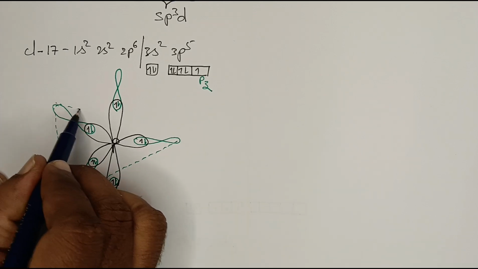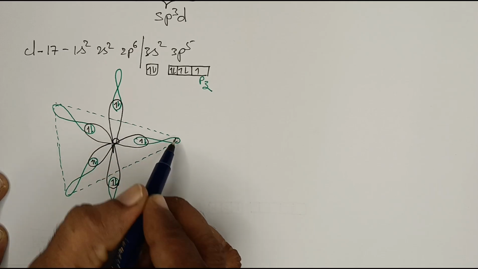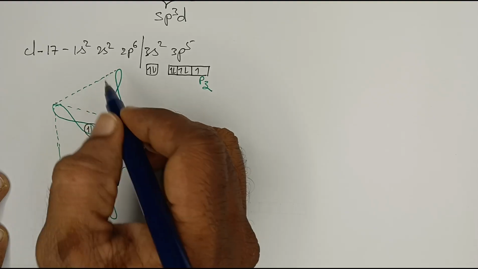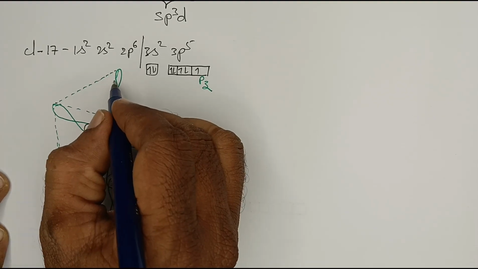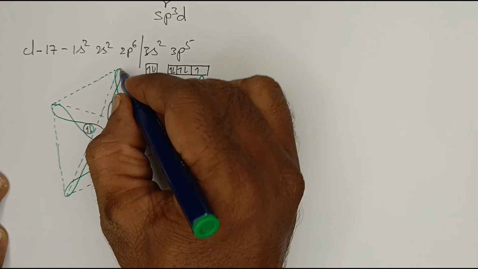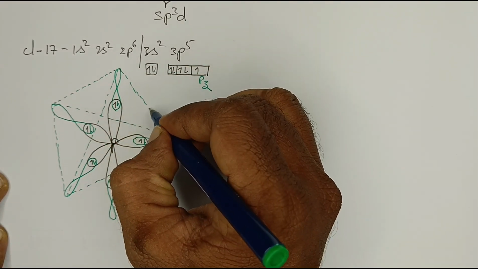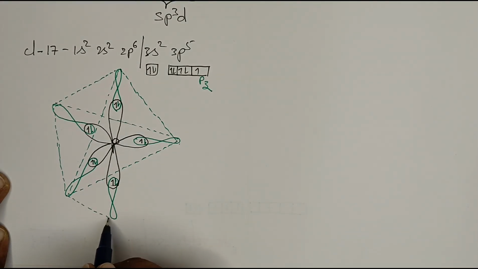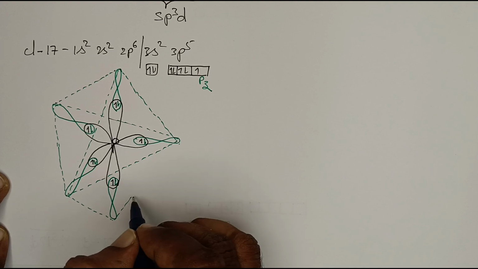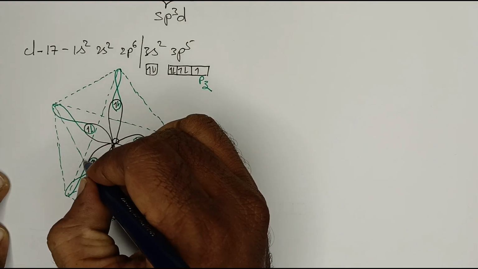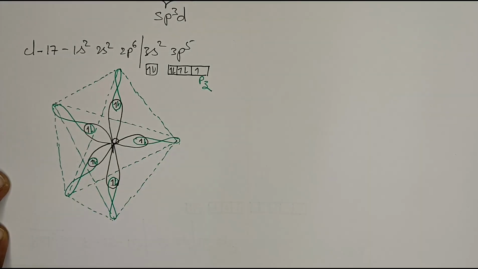This is trigonal, and from here to here one pyramid will be obtained. Bottom side also. So this is trigonal bipyramidal.